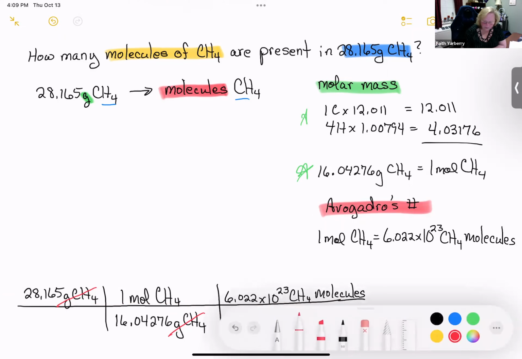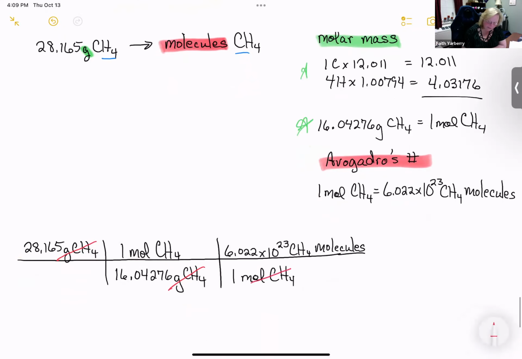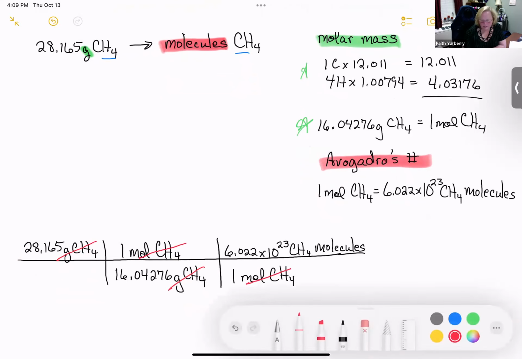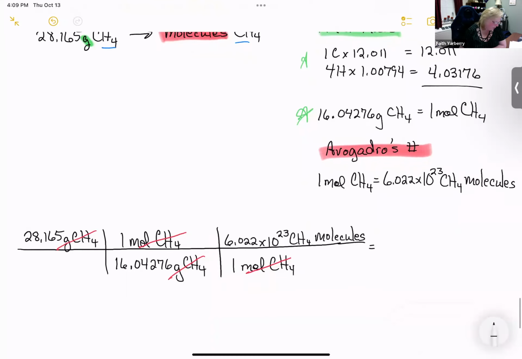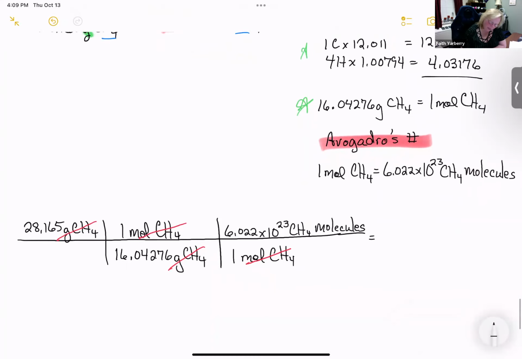The moles of methane had to go in the denominator so that the unit and the substance would cancel, leaving me the desired unit of molecules. When you key this into the calculator, the answer that you get is 1.057 times 10 to the 24 methane molecules.